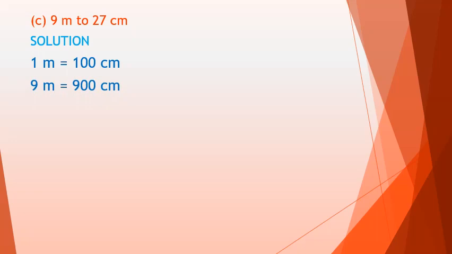Our next question, 9 meter to 27 centimeter. Here also the units are different. So our first step is to convert into the same unit. As you know that 1 meter equals 100 centimeter. Hence 9 meter equals 900 centimeter.